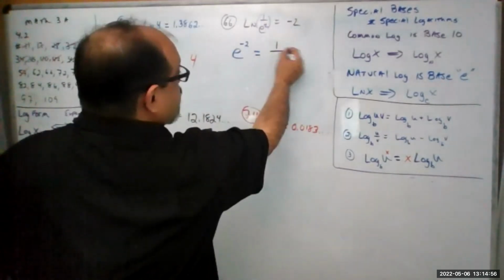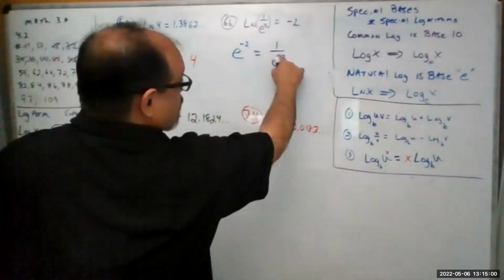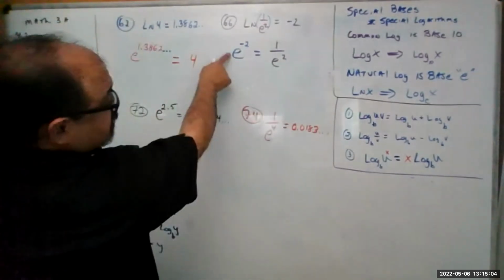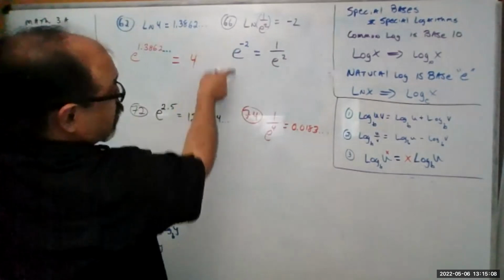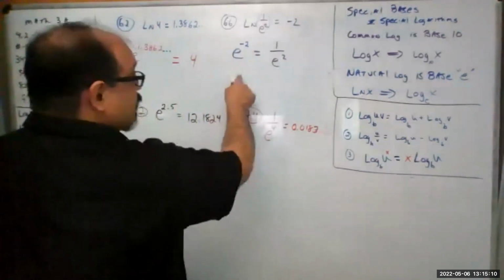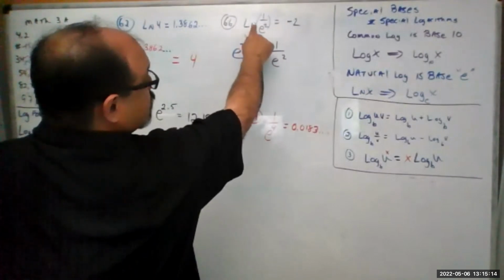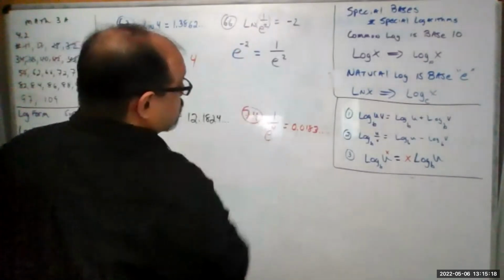Sorry, not 1 over e squared, no negative. That makes sense because if you have a negative power, that means reciprocal. It's going to be 1 over e to a +2. That's the translation. So you got to get used to remembering there's a base e down here when you do the conversion.